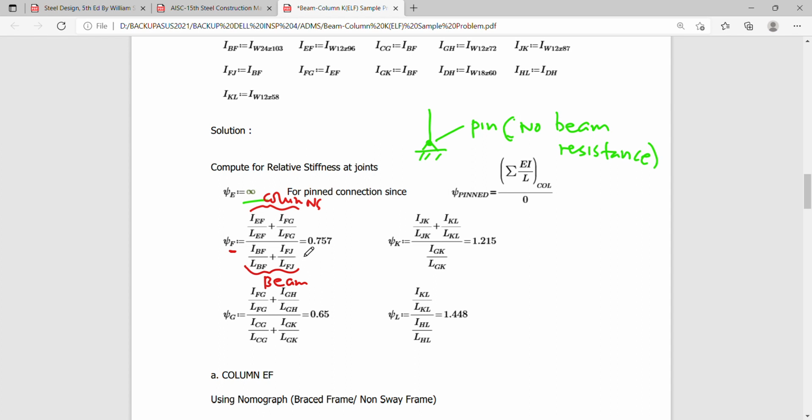Using MathCAD, I will simply obtain the value of psi F to be 0.757.